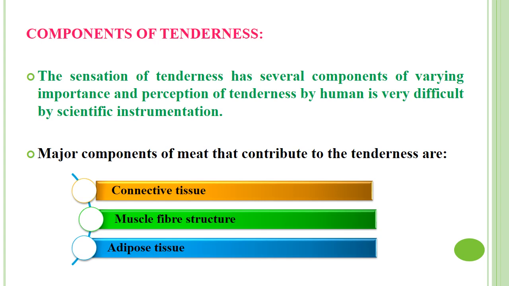And the adipose tissue, that is the deposition of fat. Earlier we discussed intramuscular fat deposition, which we also call marbling. That has a direct relation with tenderness. These things we are going to discuss again from different angles.